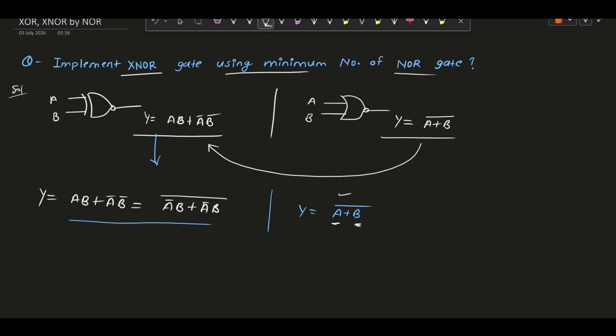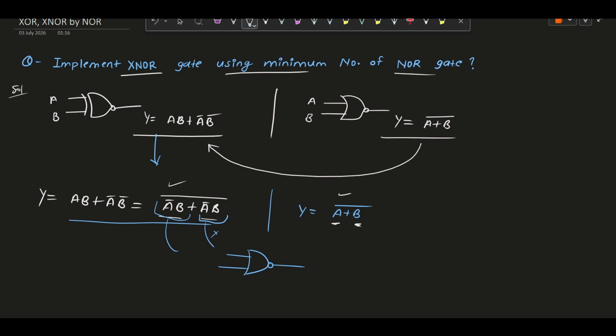Similar format in this also, we have one term here, second term there, and then the whole complement is present here. So now what we will do, if we implement this term individually and this term individually, then we will pass these both terms through the NOR gate like that.